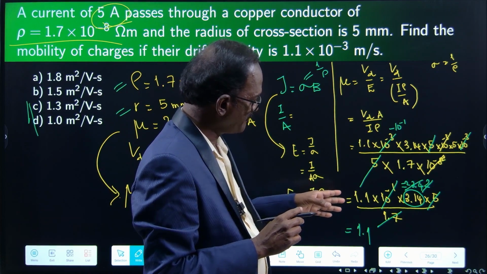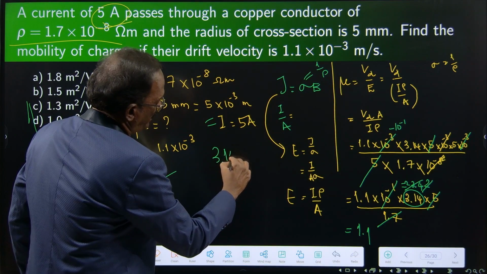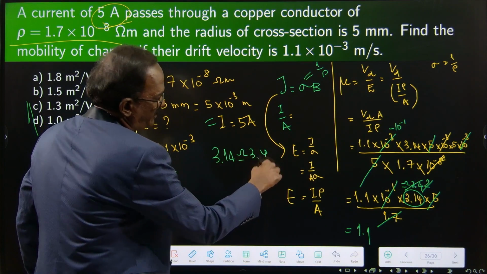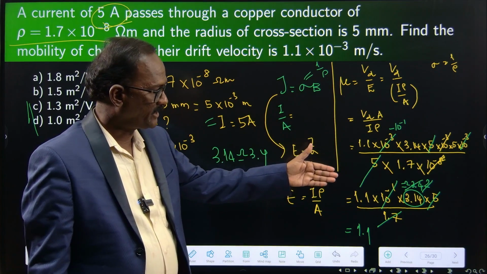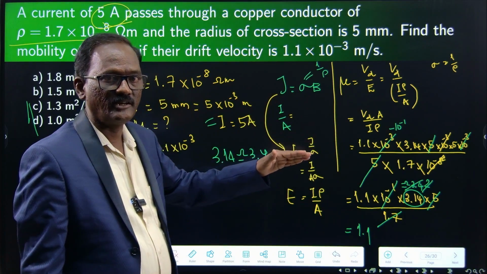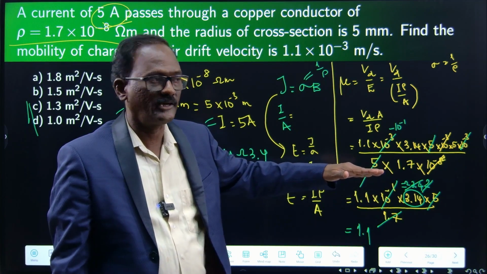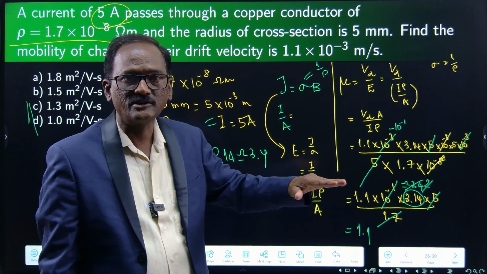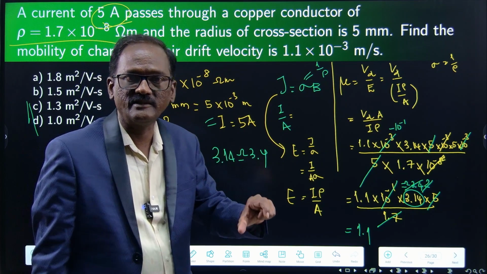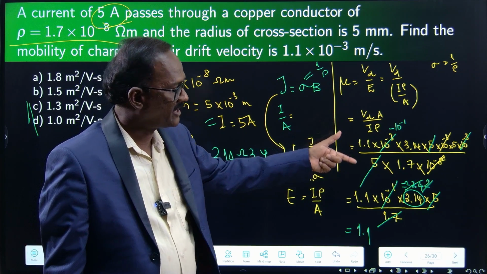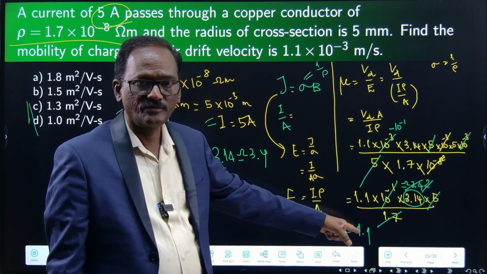So what we have done is, we have made 3.14 as 3.4. We have increased the numerator value, so the answer will be at the higher end. 3.14 has not been assumed as 3. 3.14 can also be assumed as 3 if convenience needs, but we have assumed it as 3.4. We have taken it to the higher end, so the answer should also be at the higher end.